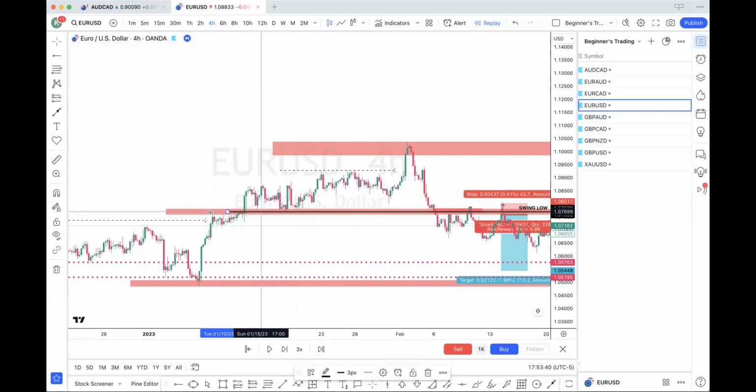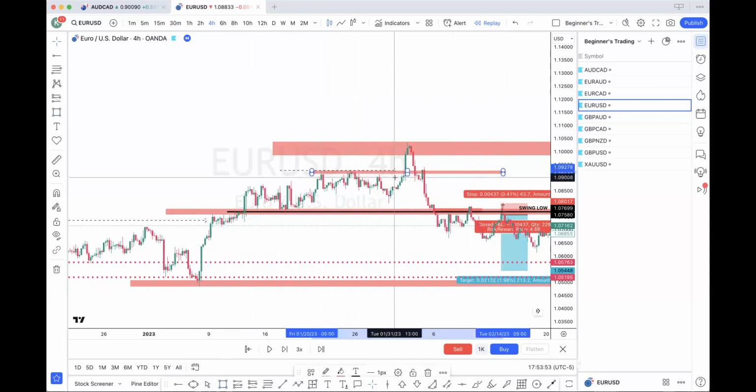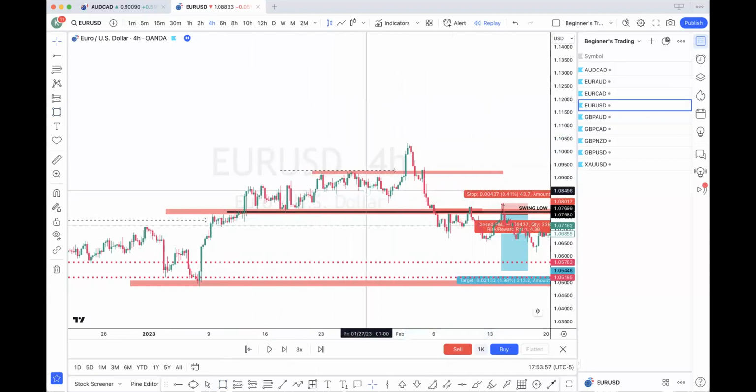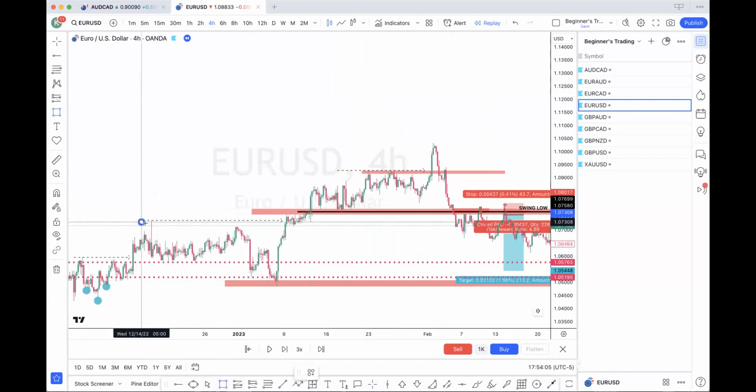So when you mark up your levels of support and resistance, technically you have another level of support and resistance here, and another level of support and resistance here.